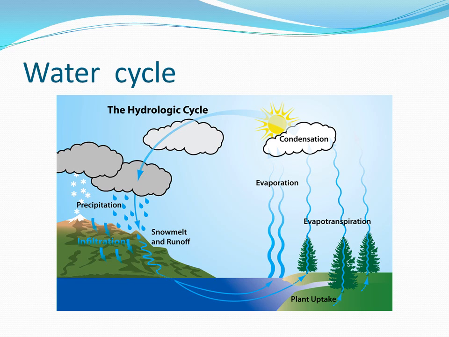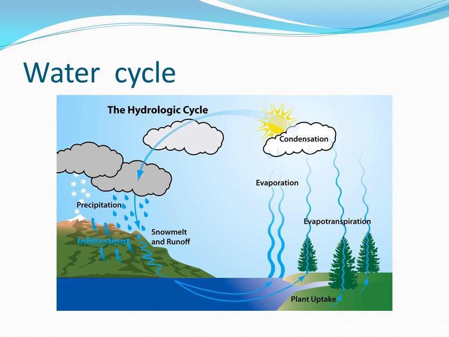In the water bodies, the sunlight is falling there and the water is slowly evaporated. Some of the plants also release extra water, and that process is called transpiration. So this evaporated water goes up to the atmosphere.